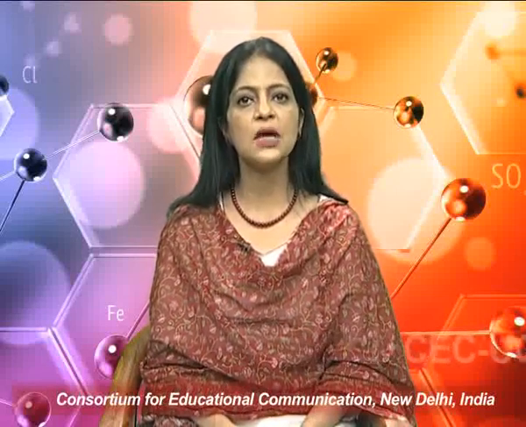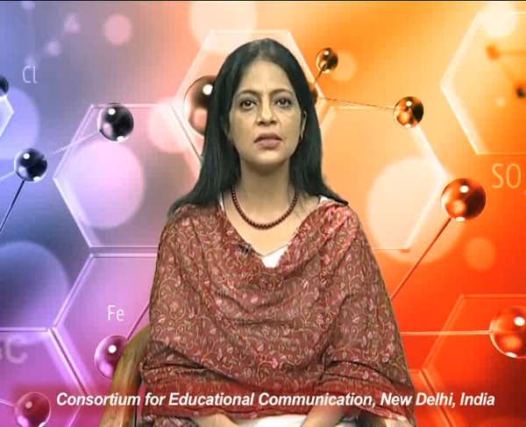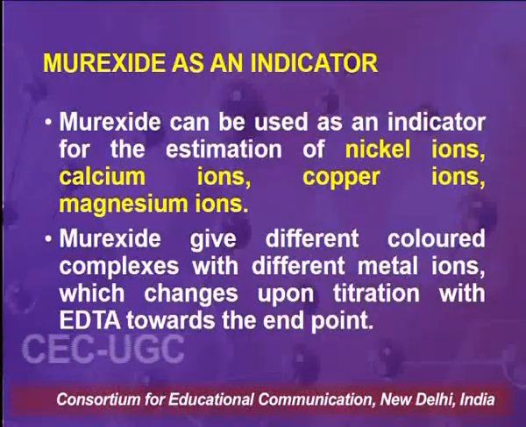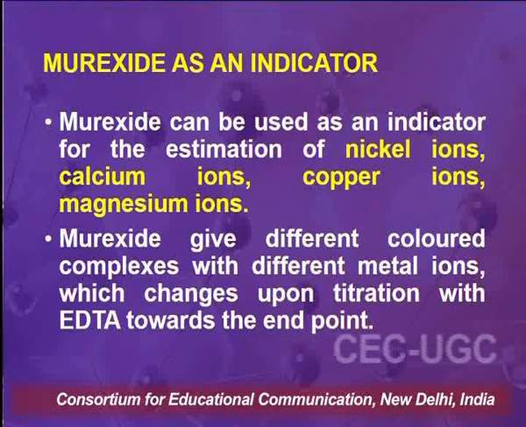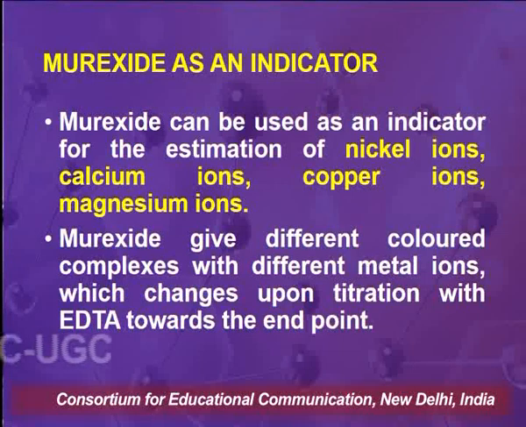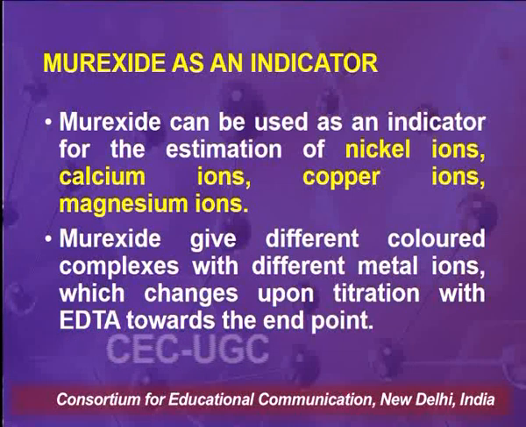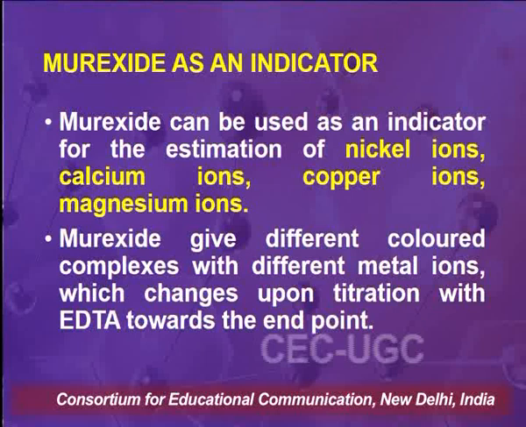Murexide can be used as an indicator for the estimation of nickel ions, calcium ions, copper ions and magnesium ions. Murexide gives different colored complexes with different metal ions, which change upon titration with EDTA towards the end point.